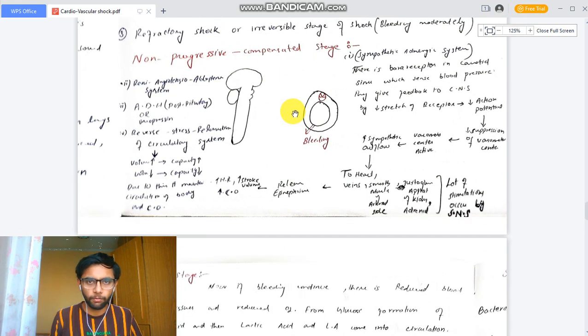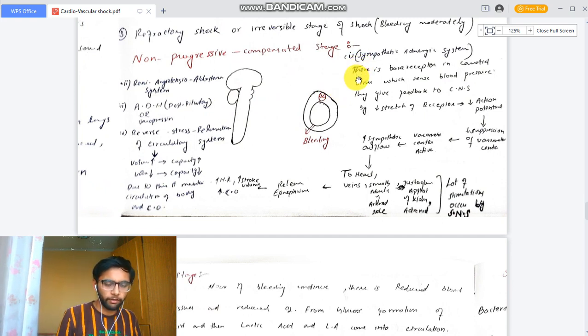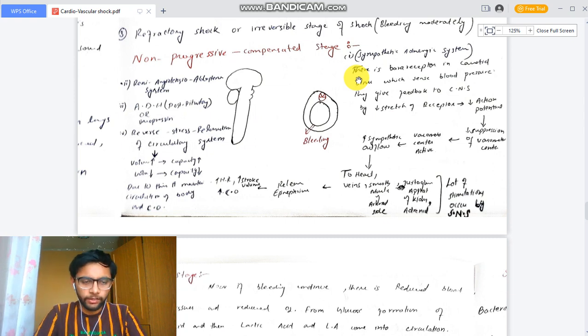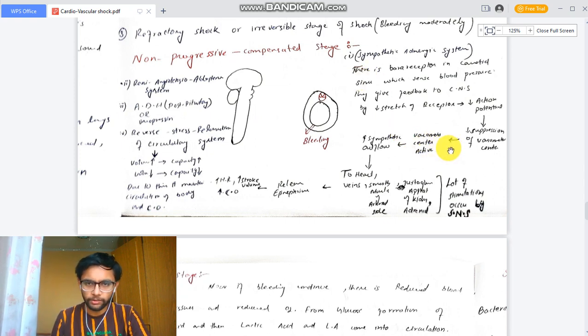In the non-progressive compensated stage, first the sympathetic adrenergic system is activated. There are baroreceptors in the blood vessels, and when blood pressure decreases, the baroreceptors are stimulated less, leading to decreased action potentials to the brain center. This is the mechanism of how the vasomotor center is activated. Decreased action potential means decreased suppression of the vasomotor center, so the vasomotor center becomes active and sympathetic outflow increases.